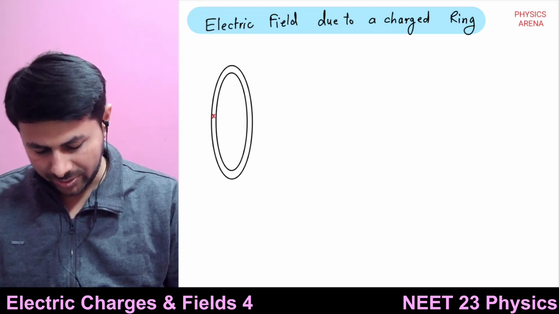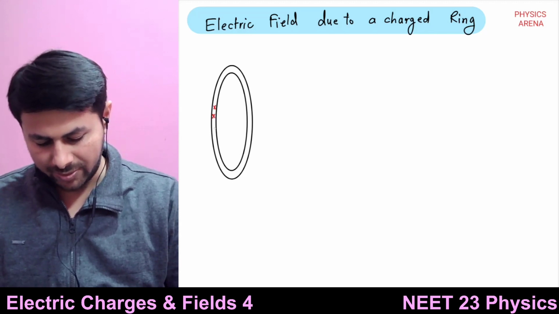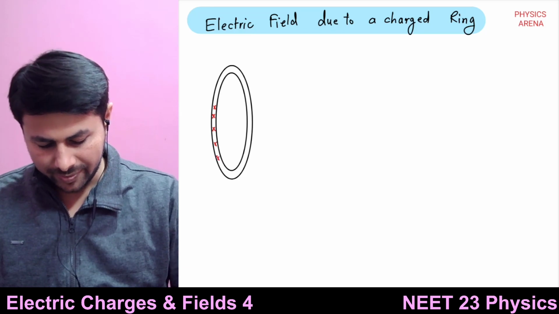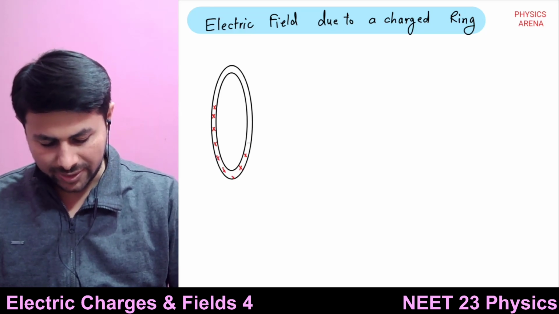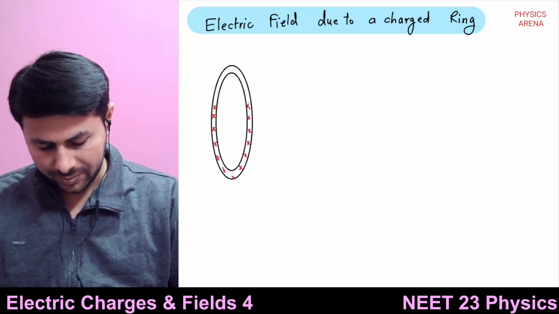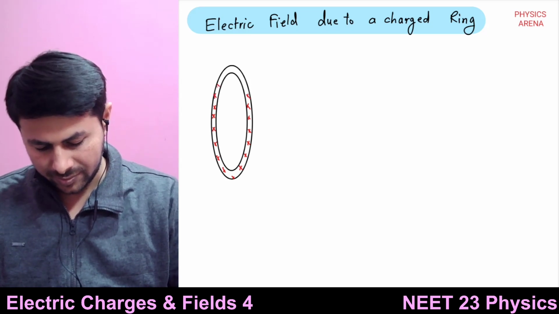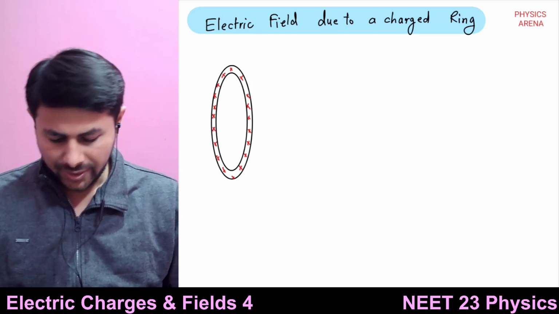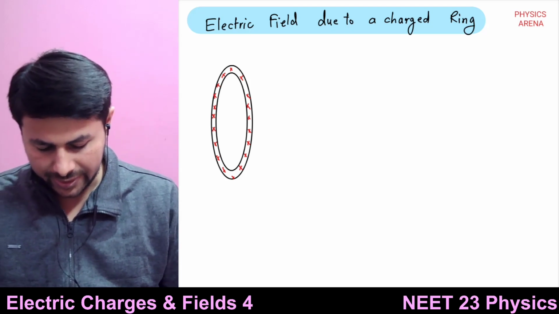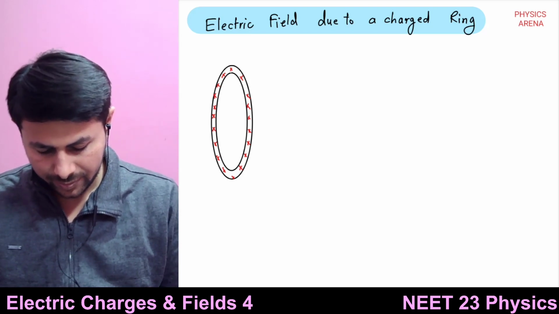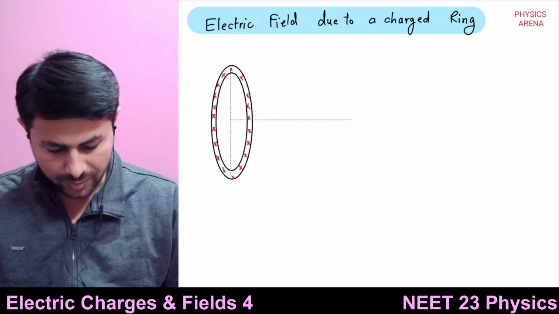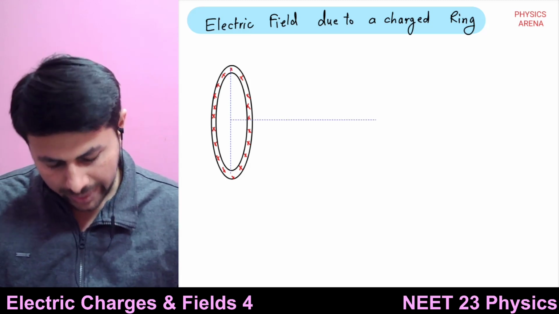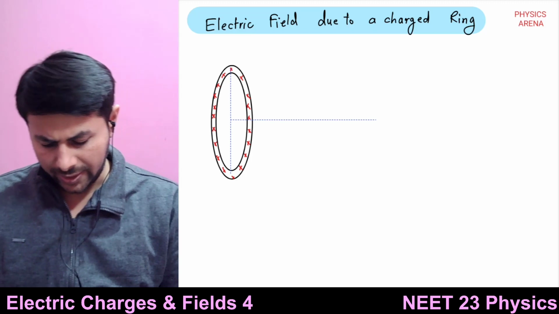There is a positive charge uniformly distributed all over the length of this ring, and we want to find out its electric field at this point. So this is an axial point.